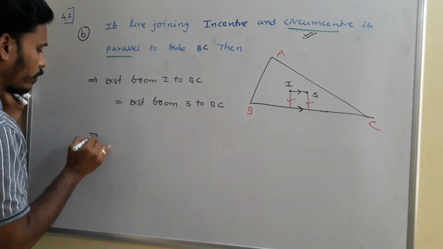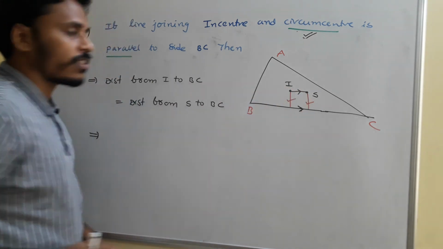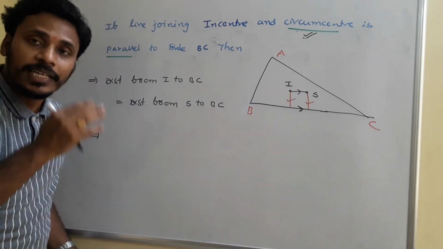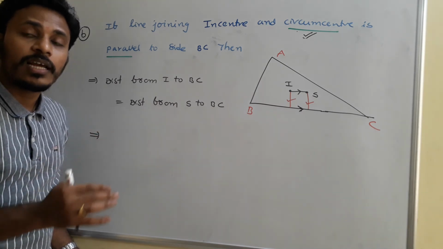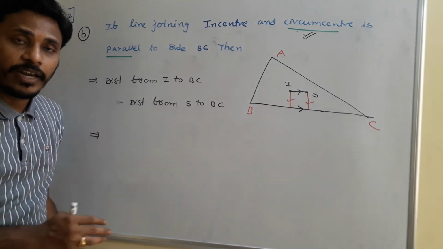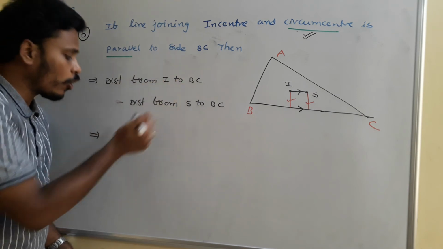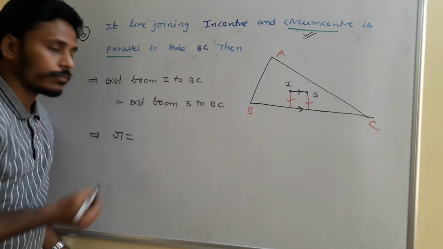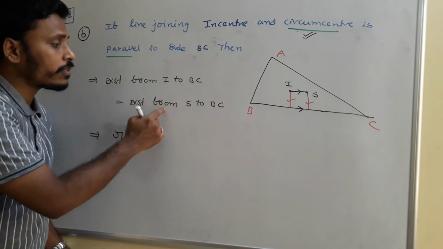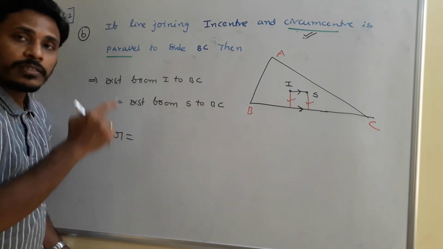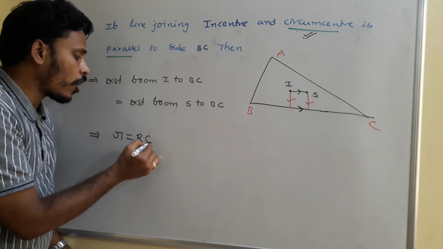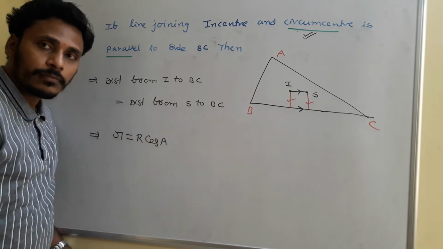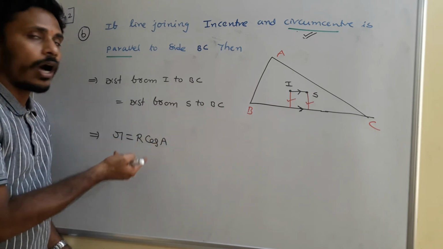Already we mentioned that incenter is such a point which is equidistant from all the sides, and that equal distance is the inradius. So the distance from incenter to the side BC is small r, whereas the distance from circumcenter to the side BC, just as we discussed, is R cos A. So small r is equal to R cos A.